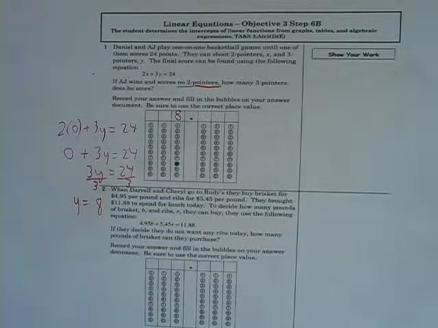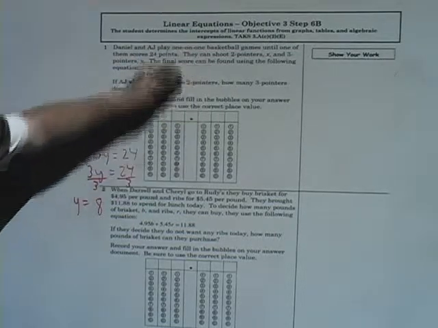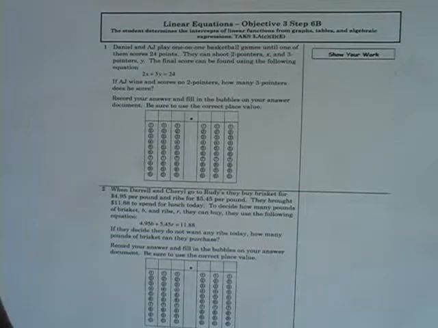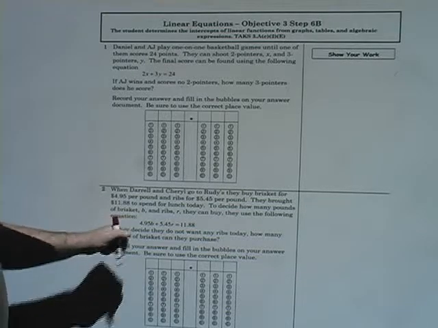Number 2. When Daryl and Cheryl go to Rudy's, they buy brisket for $4.95 per pound and ribs for $5.45 per pound. They brought $11.88 to spend for lunch today. To decide how many pounds of brisket B and ribs R they can buy, they use the following equation.